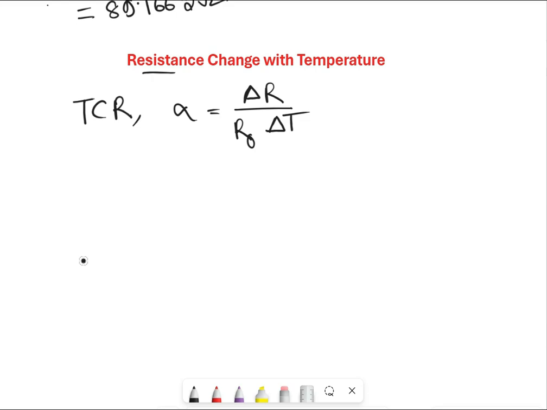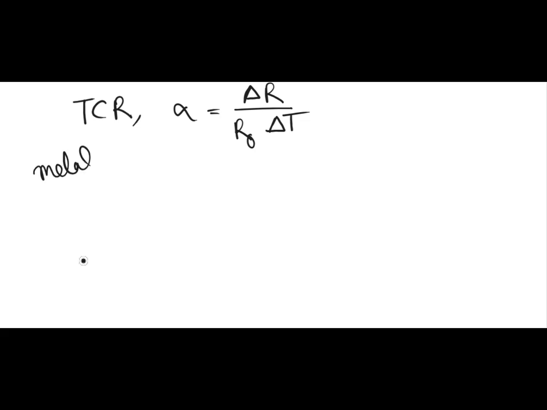For metal, used for long distance electric power transmission, alpha is always positive, which is very important, and resistance increases with the temperature increase.